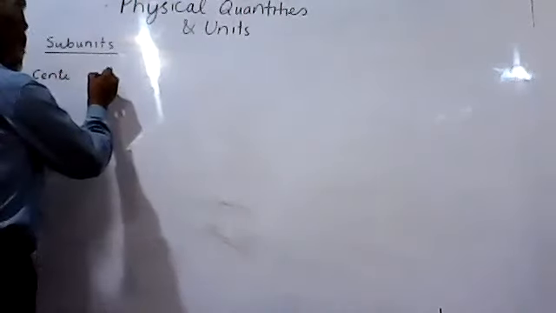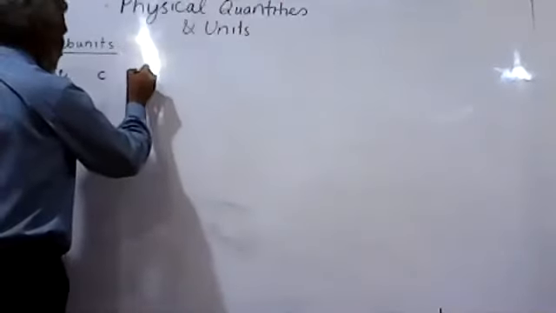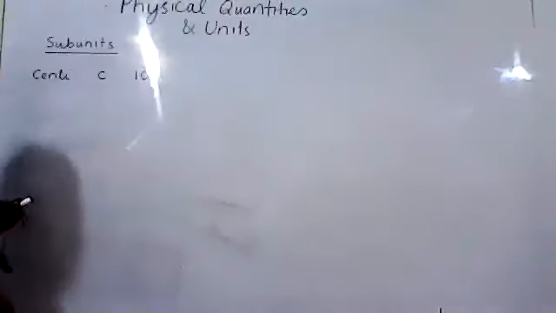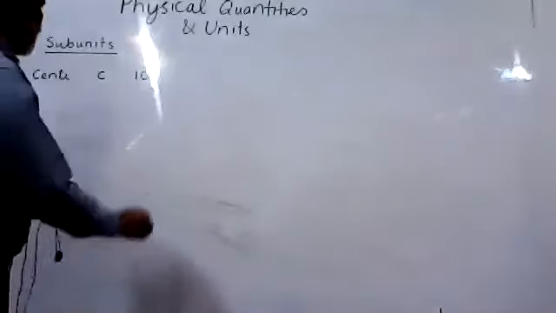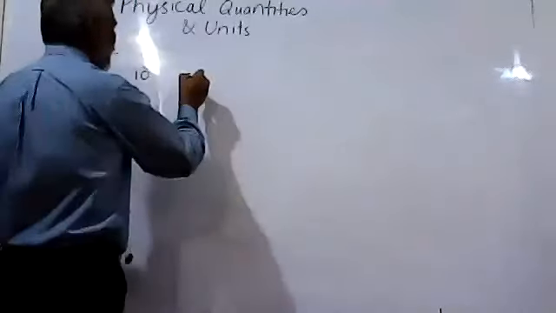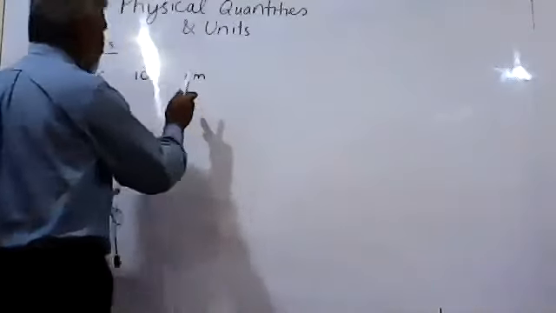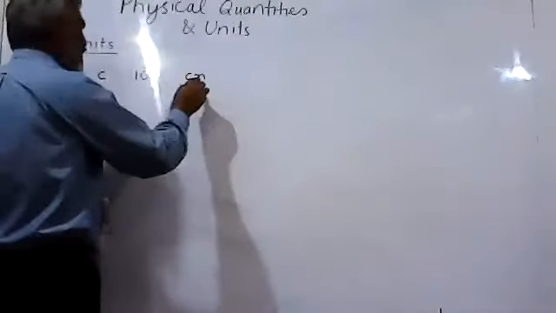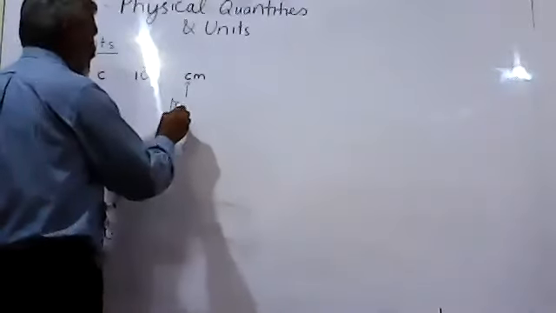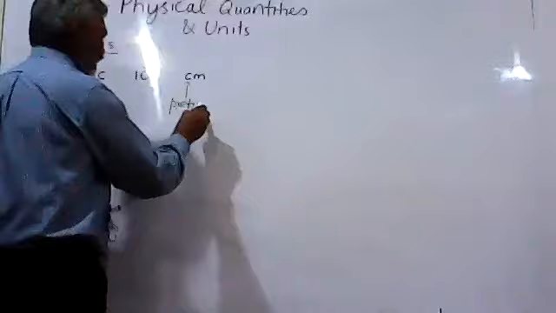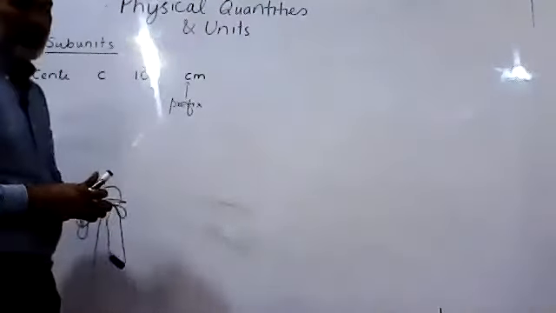Its symbol is small c, and it is 10 raised to power minus 2. That means 1/100th of the meter if the quantity is centimeter. And since it is written before this meter, it is known as the prefix. So this is the prefix used to express smallness of a measurement.